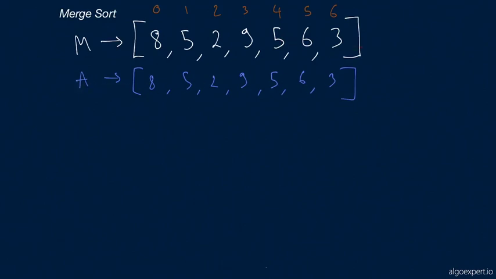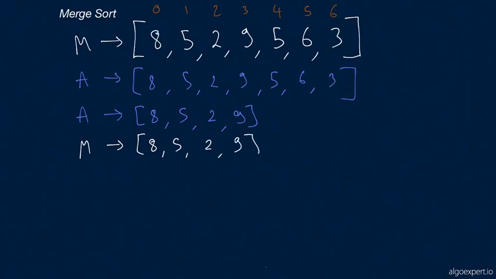So now we have 8, 5, 2, 9, and then 8, 5, 2, 9. Hopefully this makes sense.